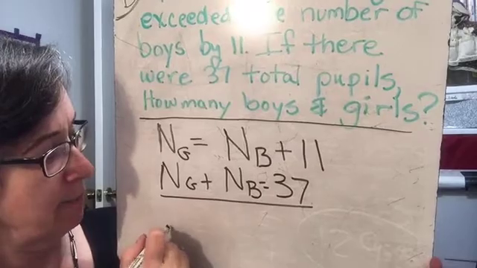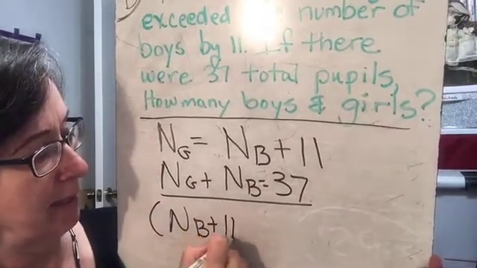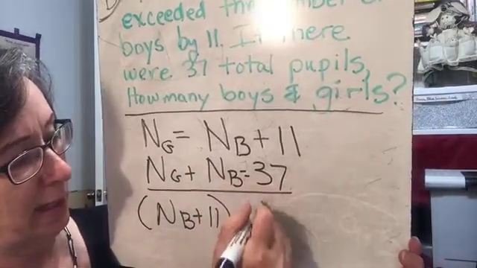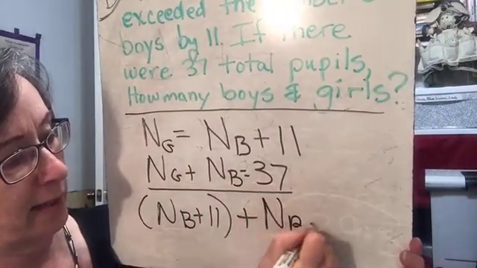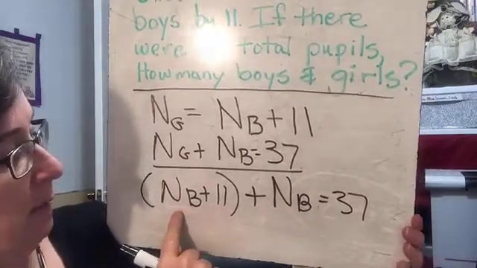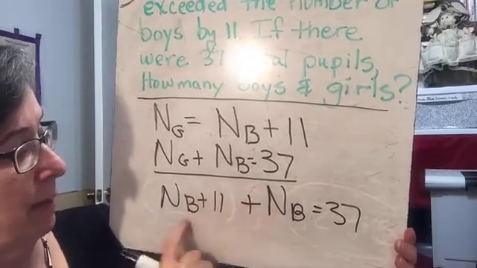So we're going to substitute NB plus 11 in place of the NG, plus NB is 37.